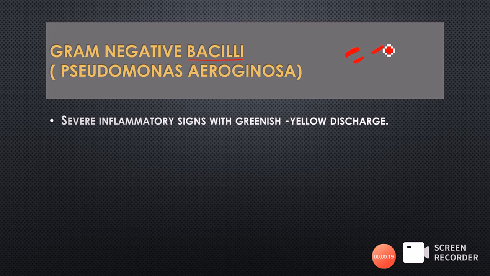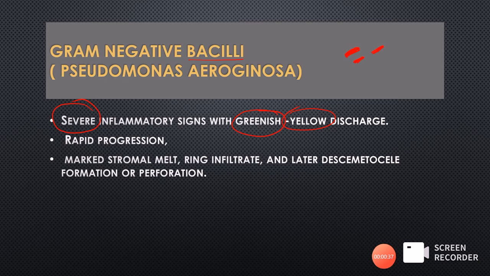Now, Pseudomonas aeruginosa causes severe inflammatory signs along with a very characteristic discharge of pus, which is greenish yellow. The progression of Pseudomonas is fulminant and acute. It progresses very rapidly, and the inflammation is so severe that you will have corneal melting, and sometimes a ring infiltrate.